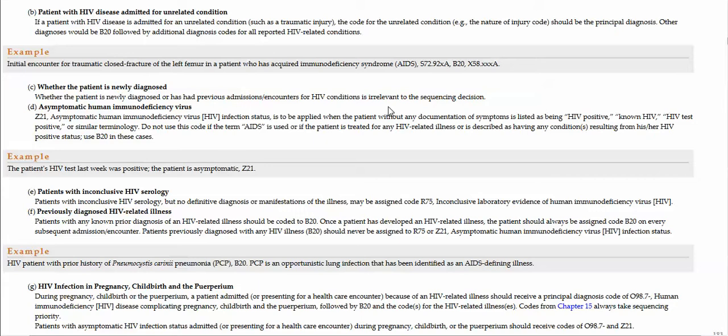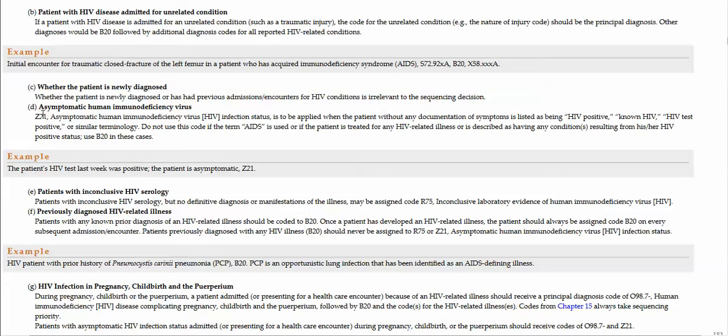For example, Magic Johnson has had an HIV diagnosis for a very long time, and he's still living a happy, healthy life, does not appear to have any issues. Or you could have someone who has HIV infection with full-blown AIDS who is on their deathbed and they were only diagnosed 2 weeks ago. So it does not have any bearing on what the sequencing is for coding, okay?